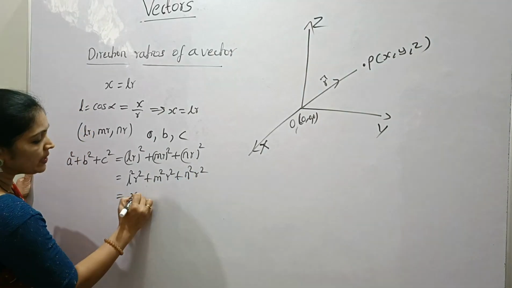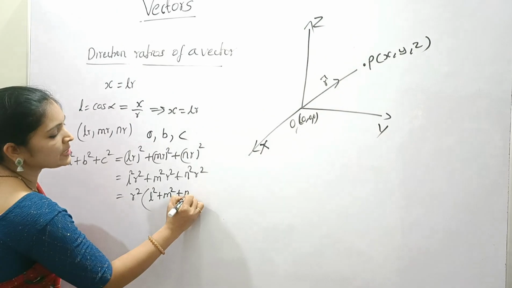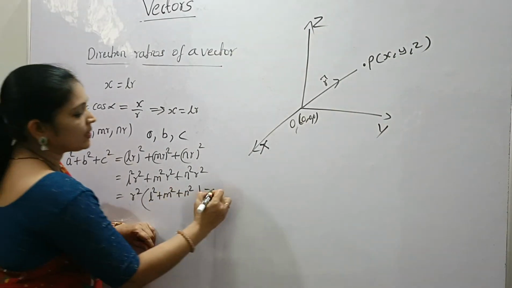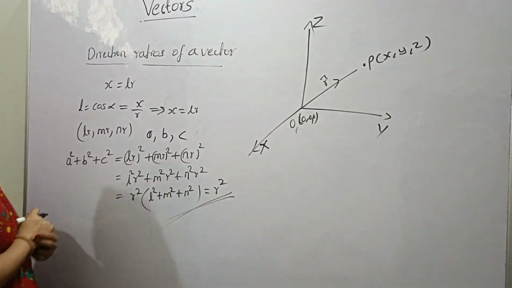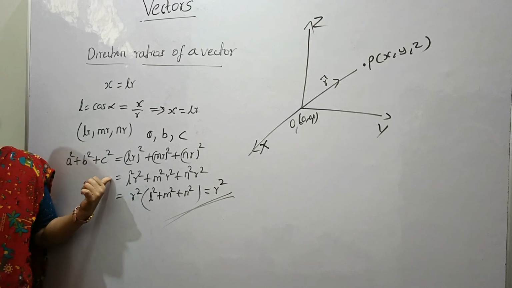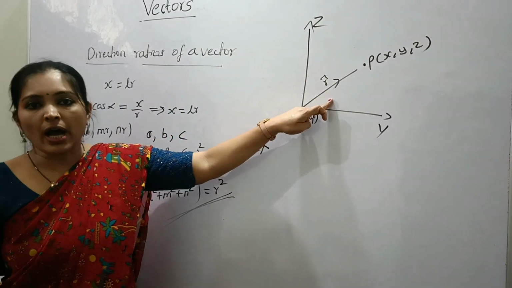Taking r square common, l square plus m square plus n square is equal to 1, so it is equal to r square. So a square plus b square plus c square is equal to r square, where a, b, c are the direction ratios of the position vector r.